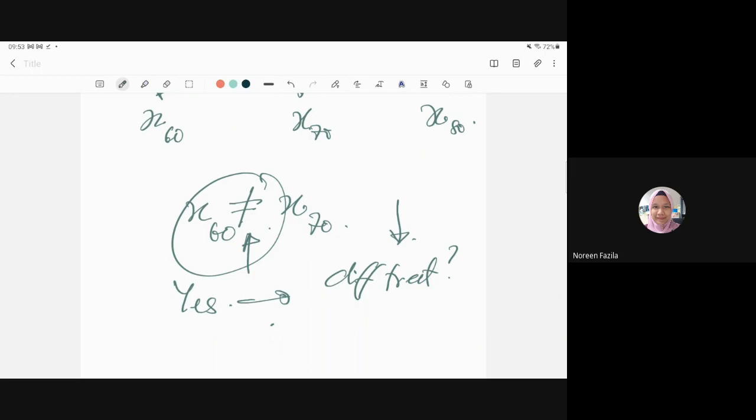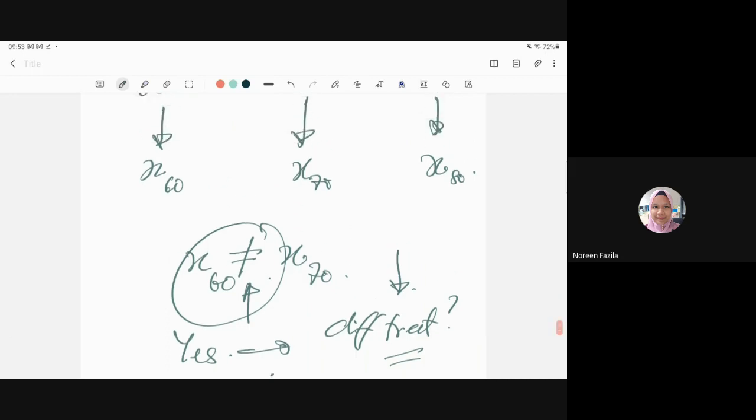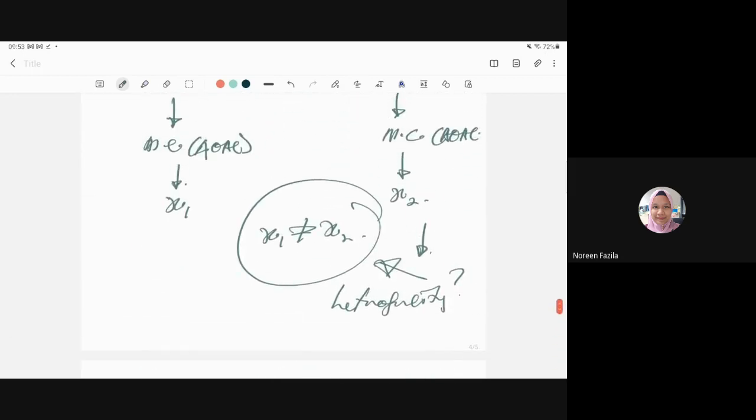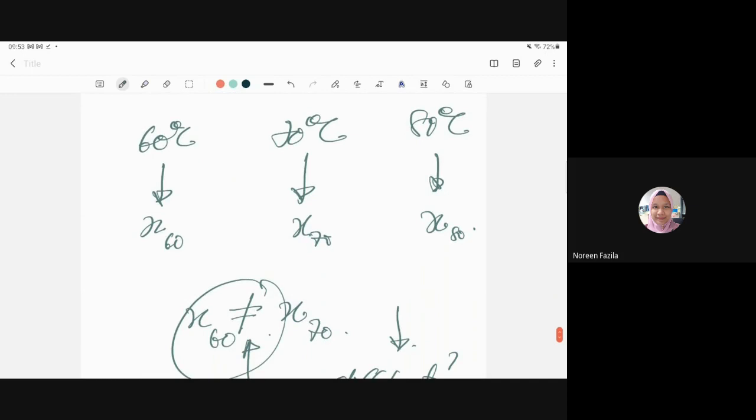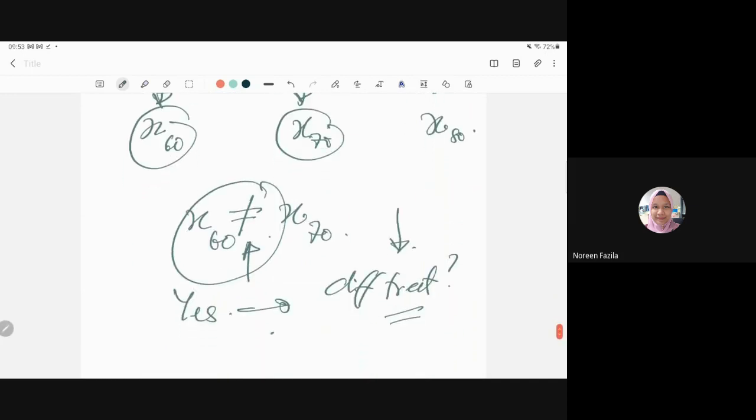Okay, good. But there is always a possibility that it is because of the treatment, right? Just because the samples are different, it may be because of different treatment.